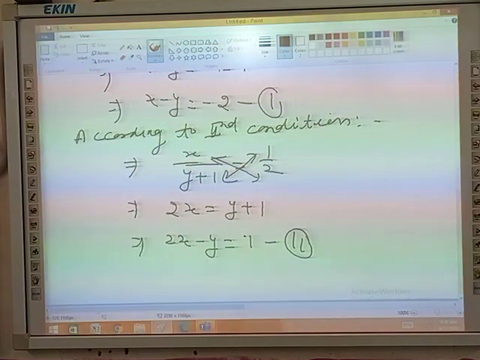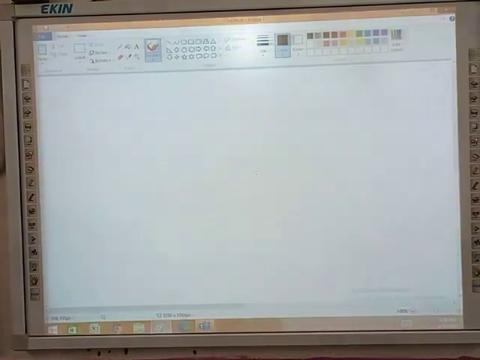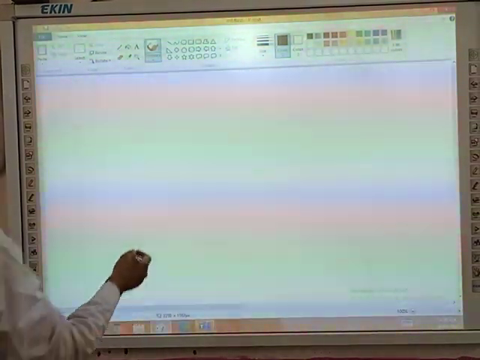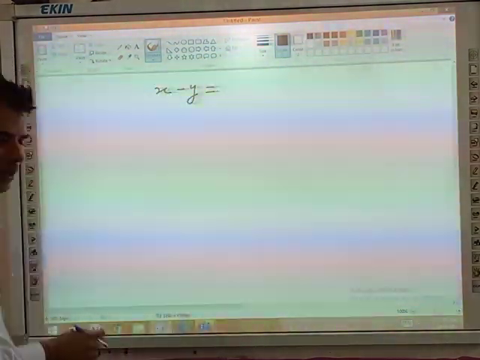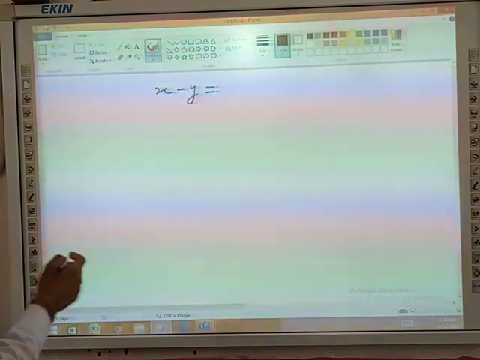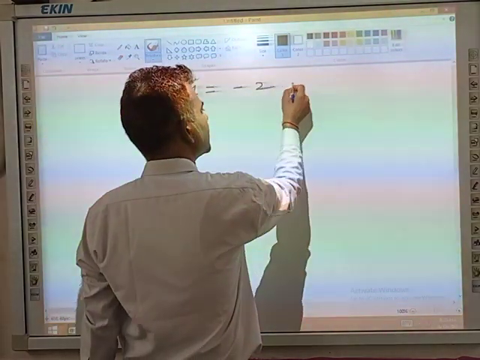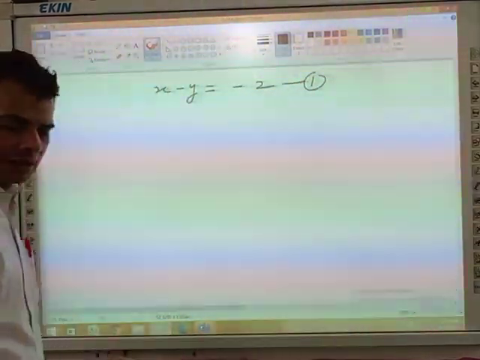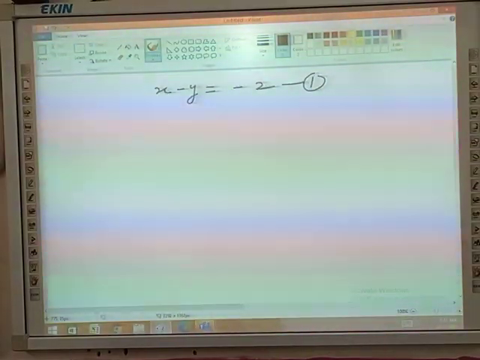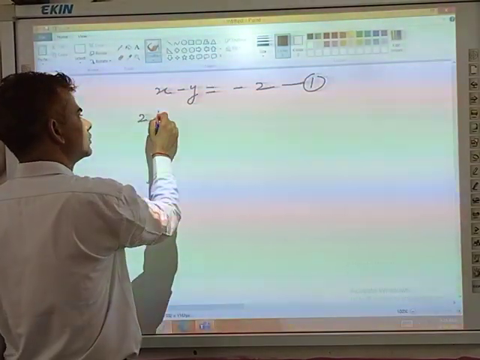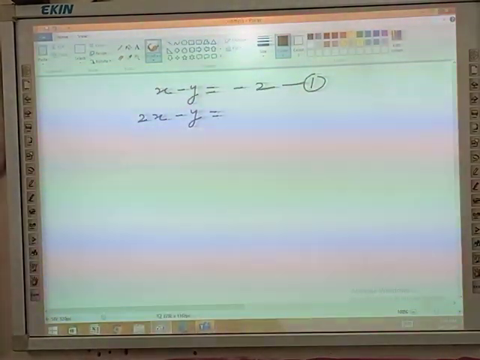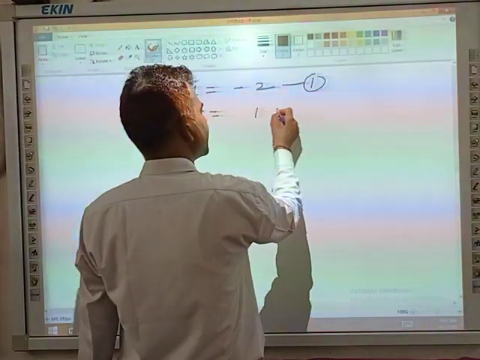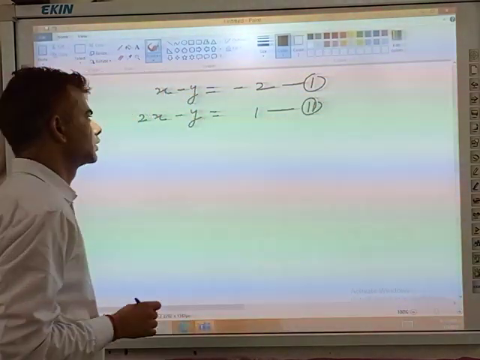Students, do it fast, and we will solve the equations. x minus y is equal to minus 2, that is your first equation. Now 2x minus y is equal to 1, that is your second equation.